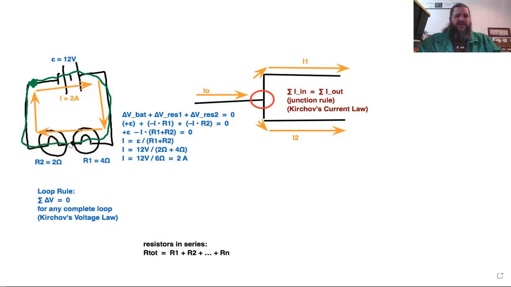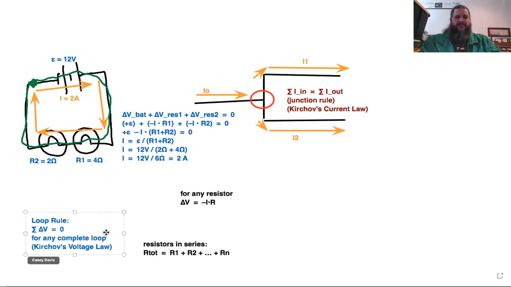Also, now that we've got the current, we can find the individual voltage drop across each resistor on its own. Because for any resistor, delta V equals negative I times R. So if we calculate negative I times R individually for each resistor, for instance, for resistor 1, what's the current? 2 amps.